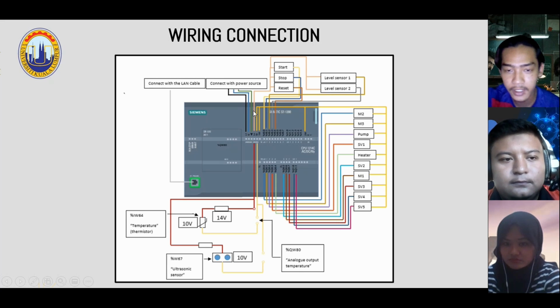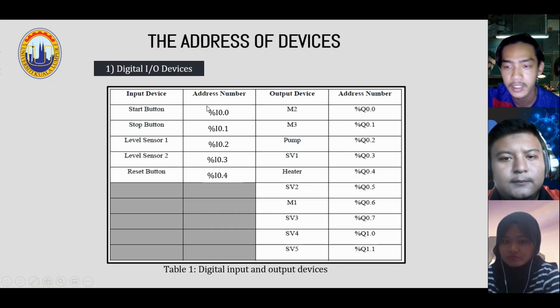Firstly, for the digital connection, for every input device, one of the wires needs to be connected to the L plus, while the other wire needs to be connected to any input address being used at the PLC.